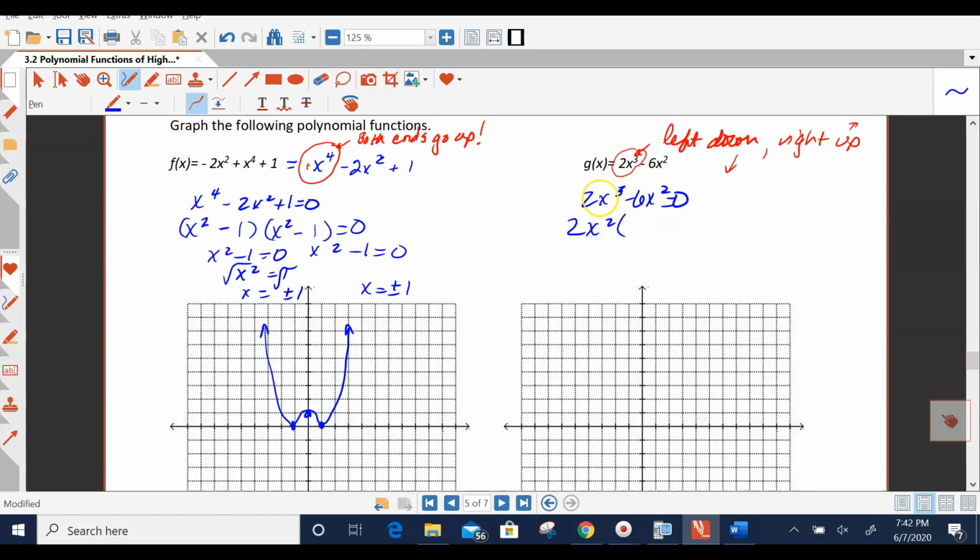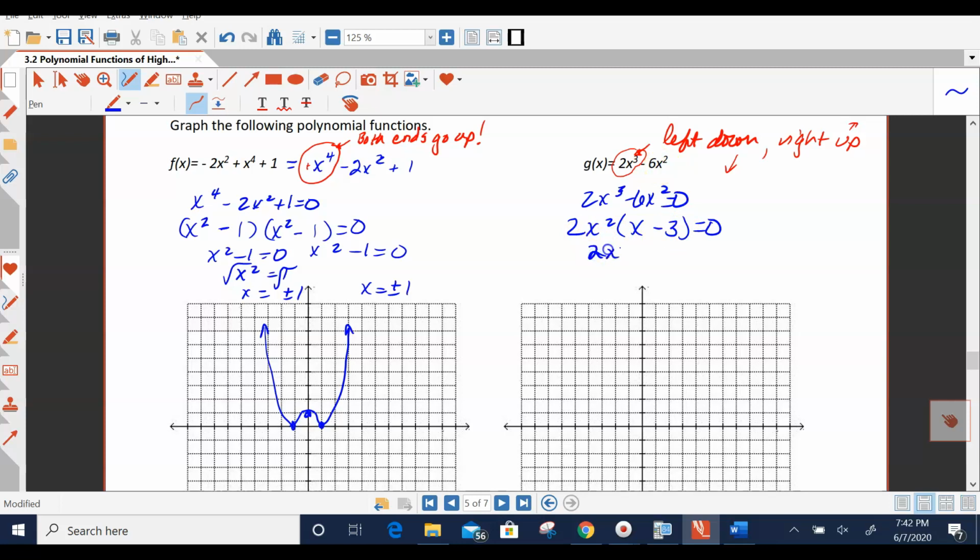So if I take out a 2x squared from a 2x cubed, I'm left with an x. And if I take out a 2x squared from a minus 6x squared, I'm left with negative 3. You can always check your work. Remultiply it out. 2x squared times x is 2x cubed. 2x squared times a negative 3 is 6x squared.